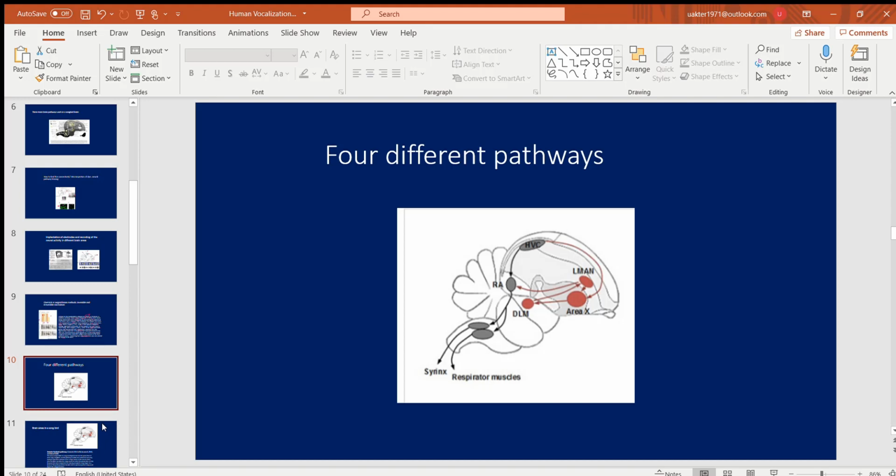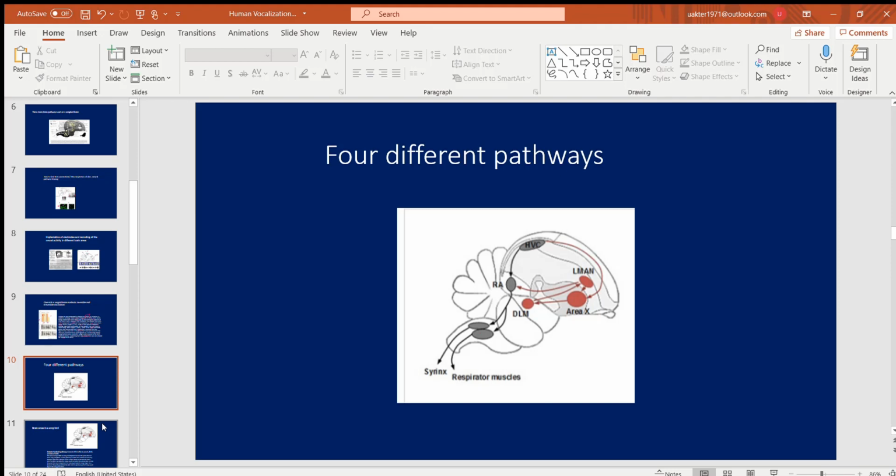Okay, now as I mentioned, there are multiple discrete structures present in the brain of a songbird, and they are connected differently. There are 4 different pathways so far we know, and first I'll talk about 2 of those, then I'll talk about the other 2. So here in this picture you can see by 2 different colors, red and gray, 2 different pathways.